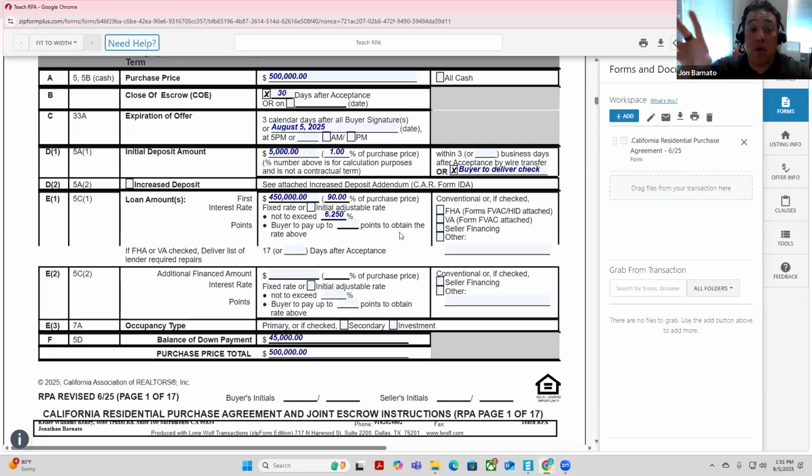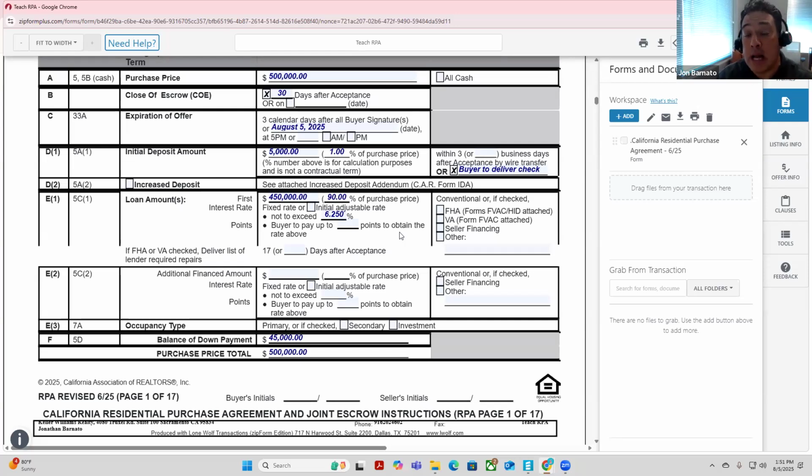Now, here's the difference. On your loan contingency, instead of just cancellation because of non-approval, you can also cancel if the final loan rate comes in above 6.25. Even though the loan's approved, if the loan rate comes in above that rate and they can't buy it down, then you can also cancel on the rate itself.